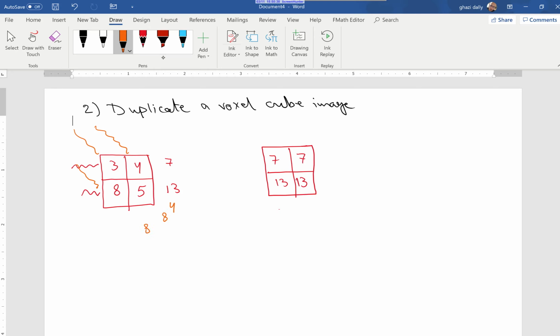Now taking these 3 numbers and adding them diagonally to what we got there, the result will be 4 and 7, that's 11, 8 and 7, that's 15, 8 and 13, that's 21, 8 and 13, that's 21.